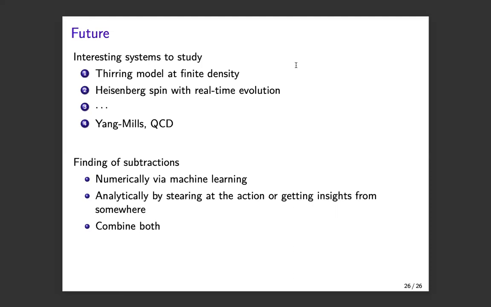While we improve numerical methods to get better and better subtraction functions, there are various systems we can attack. For example, the Thirring model is what we're doing now. But we can also apply this method to spin systems, which have discrete degrees of freedom. We can do it because, unlike contour deformation, which needs a continuous field, it's just a subtraction.